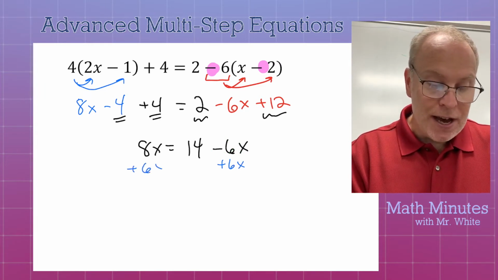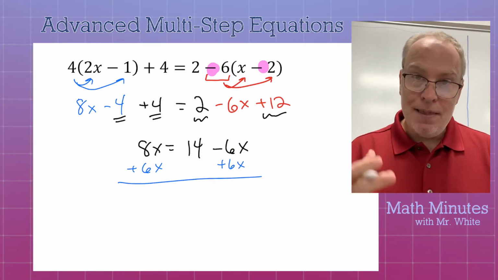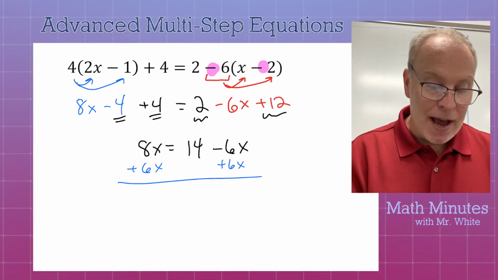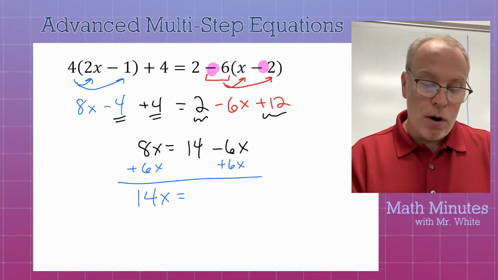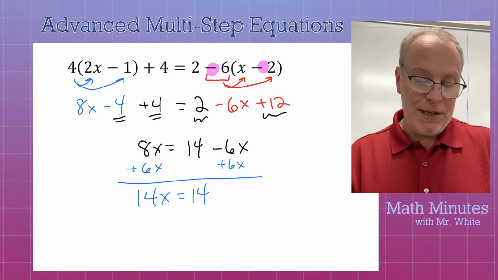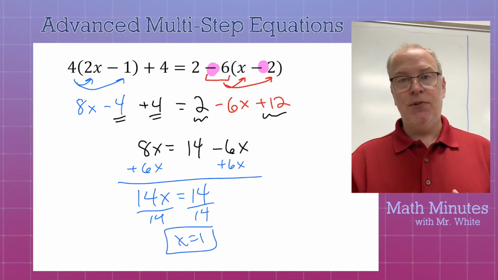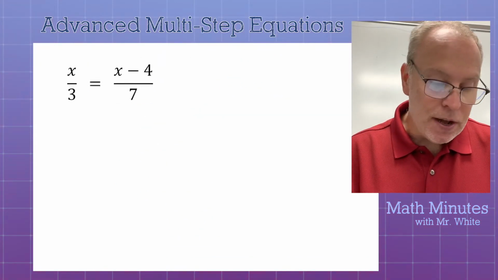Whatever you do on one side, you got to do the other, remember. So we add 6x, and then they get combined on the left side. So we get 14. Just make sure you do that on both sides so that you don't accidentally do a mental arithmetic error. Dividing by 14, x equals 1. Came out very nicely. Okay, let's get to another one.